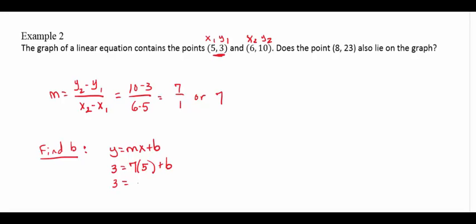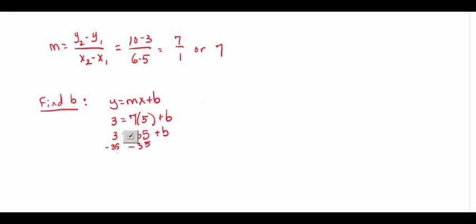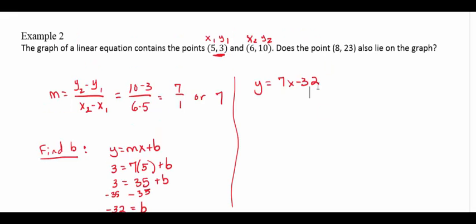So I get 3 equals 35 plus b. And this is simple solving for b. So we are going to have negative 32 for b, our y-intercept. My equation here is y equals 7x minus 32.